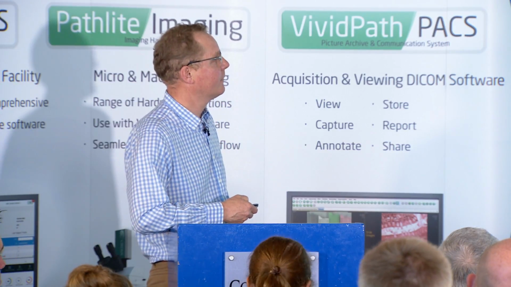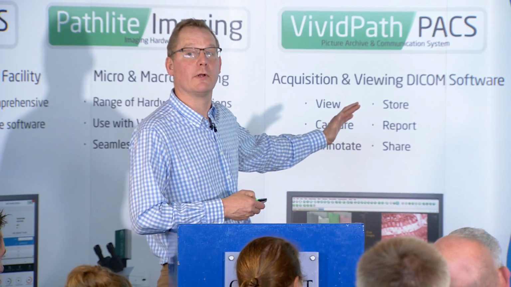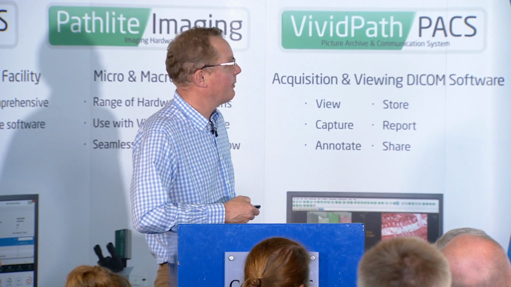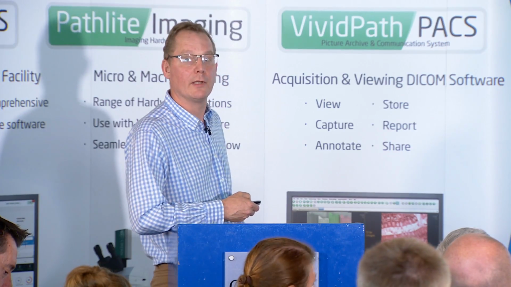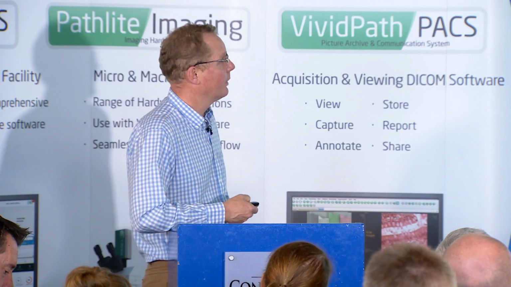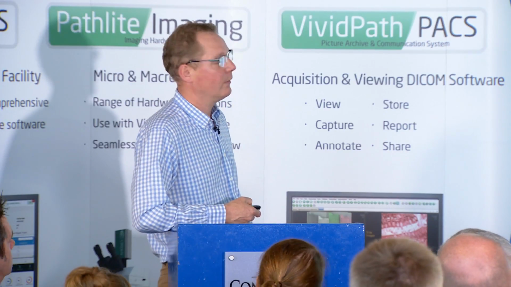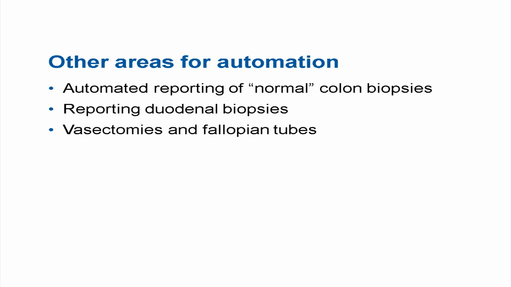And if it does that and tells you that everything else is abnormal, at least you've got rid of the normal stuff and you don't have to look at that. And that's particularly appropriate for colon biopsies. I don't know if we've got any gastroenterologists in the room today, but they produce a lot of biopsies with nothing in them. And if you don't have to look at them, that's a great saving in pathologist's time. Duodenal biopsy is another one where lots of biopsies are done for queries, celiac disease, etc., and they're all normal. And of course, vasectomies and fallopian tubes, which is not a huge piece of work, but nevertheless it exists, and we don't need to do it.